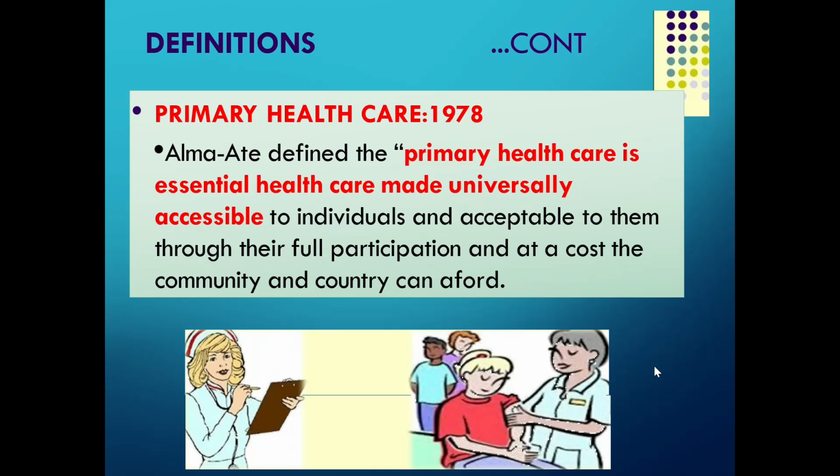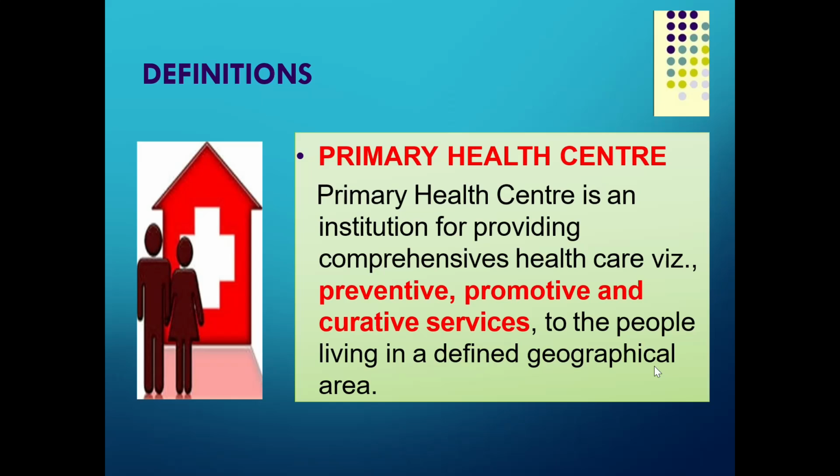That is primary health care, declared in 1978 at Alma Ata. Under this primary health care, the centers built for taking primary care of all kinds of problems are known as primary health centers.